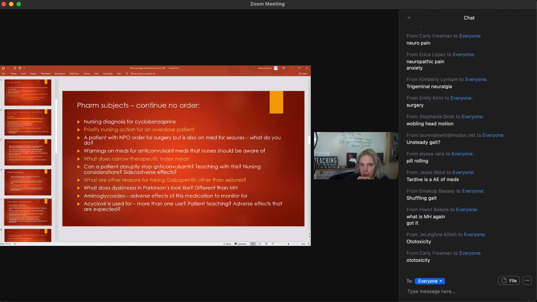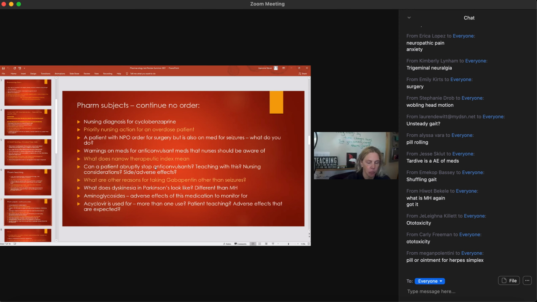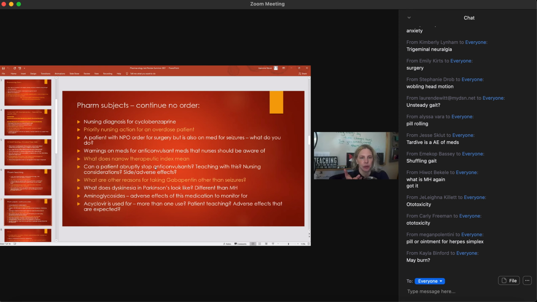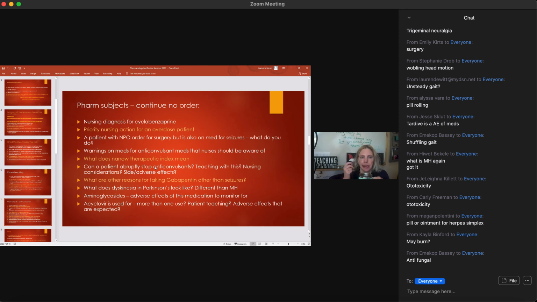So if you're teaching a patient about this medication and say they're using an ointment, that kind of thing, hey, it may burn or tingle, depending on how they put it.